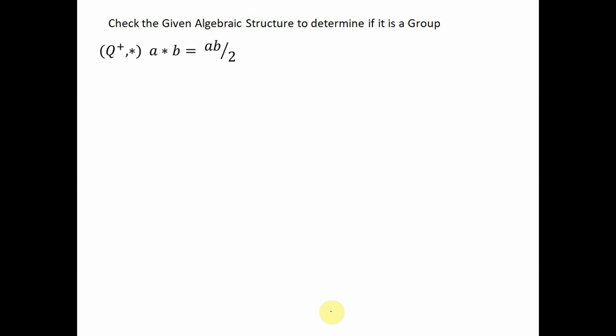So here we have the set of positive rational numbers, and the operation star is defined as a star b is equal to ab divided by 2. So we have to verify whether this is a group or not.